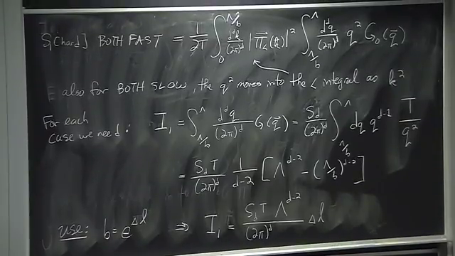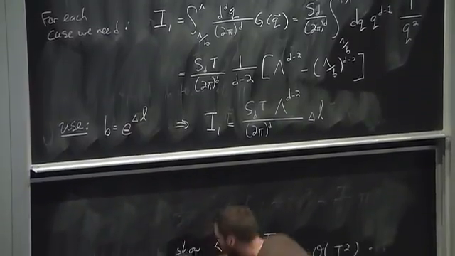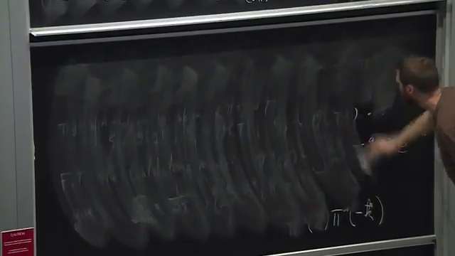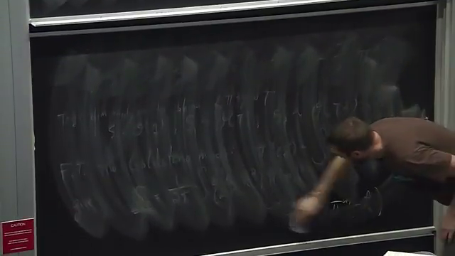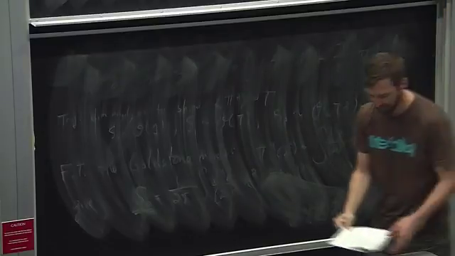So in the case when Q squared is not in the fast integral, oh, that's that case. In the other case, we have the Q squared, so I'll call that I2.